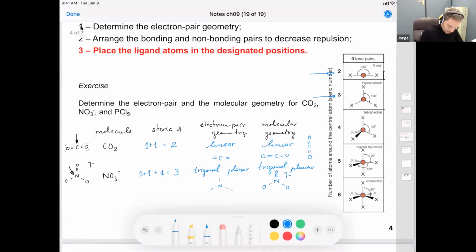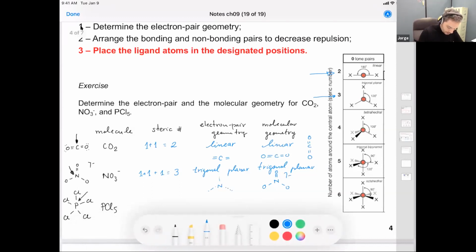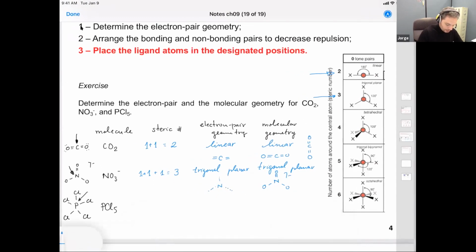And finally, PCl5. PCl5, we have here an example of octet expansion for the central atom. Okay. Phosphorus is bonded to 5 chlorines, and we are interested in determining the molecular geometry for the central atom. So let's start with the determination of the steric number.